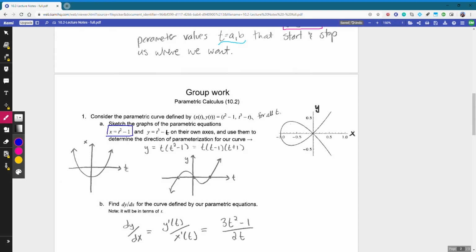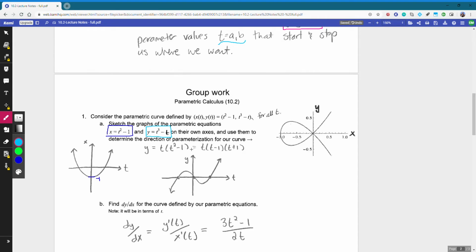Right, and so here, if we take each of our parametric equations for x and y and graph those with respect to t, well, x is just a parabola pushed down by 1. And so here, I guess that'd be -1. And to graph y, we can actually do that, but it may help to factor this if we want to do it by hand.